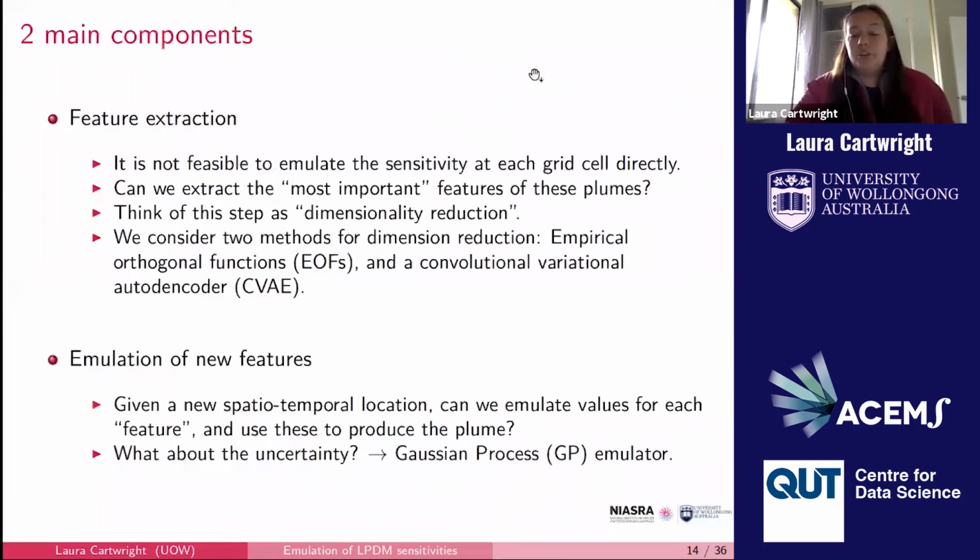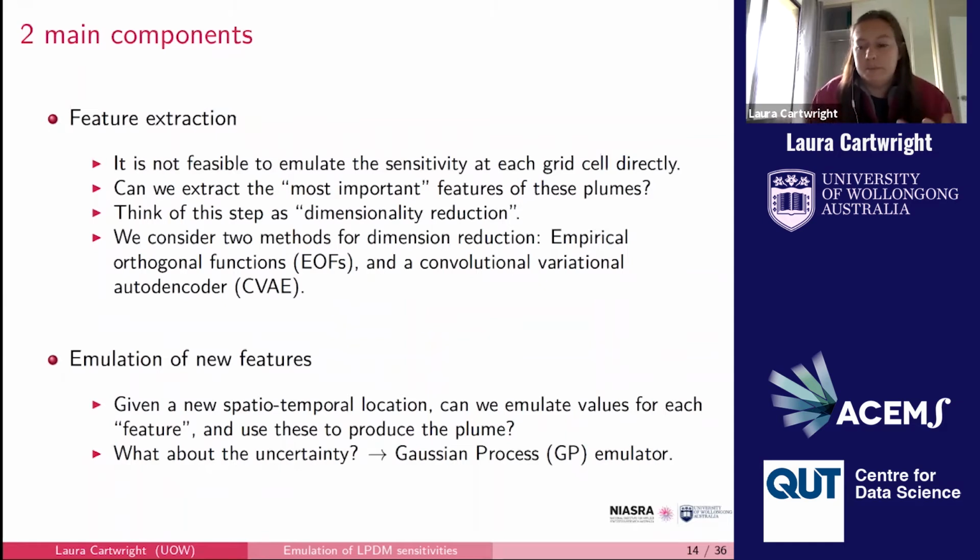Cool. So to do this, we split our approach down into 2 main components. The first was what we call feature extraction. Instead of trying to emulate the sensitivity at every single grid cell over the grid, because that's not really going to save you any time, we ask: can we extract important features from the plumes?